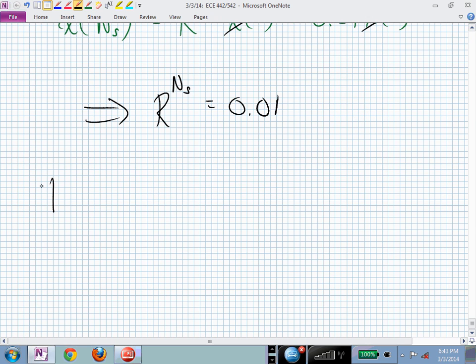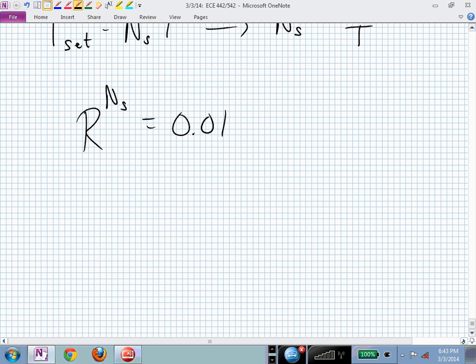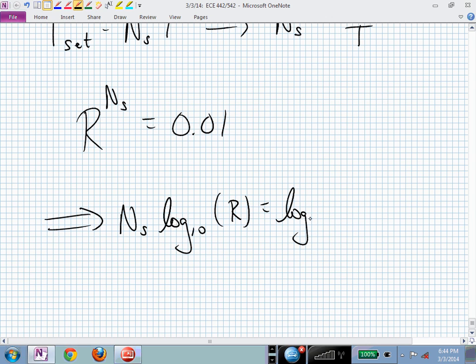Now, if we go ahead and use this relationship, T settle is N sub s T, then we could also rewrite that N sub s as T settle over T, which says now if we have R to the N sub s equal to 0.01, we can now say that N sub s log base 10 of R is equal to the log base 10 of 0.01, which is minus 2.